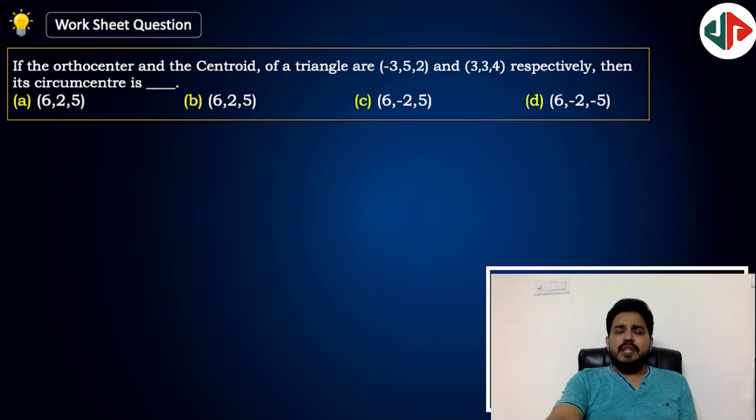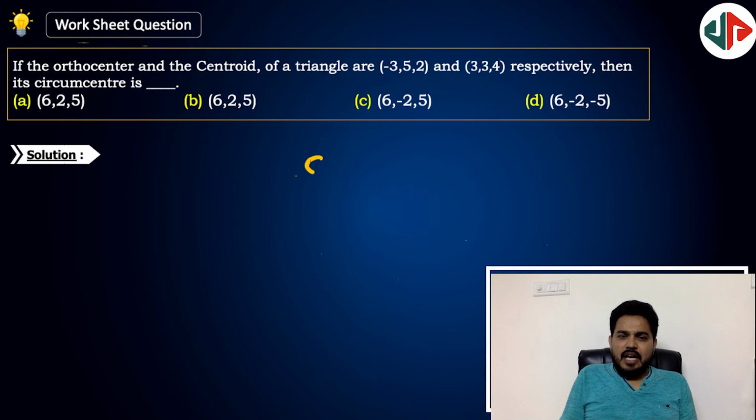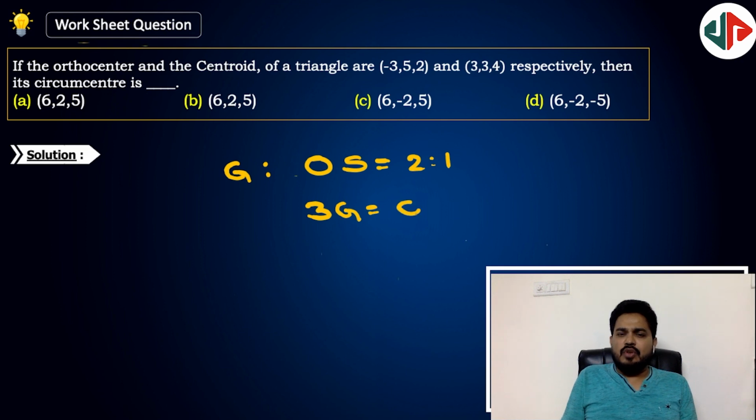If the orthocenter and centroid of the triangle are respectively this one, what is the circumcenter? Okay, G divides the orthocenter and circumcenter in the ratio of 2 is to 1. So 3G is equal to O plus 2S.